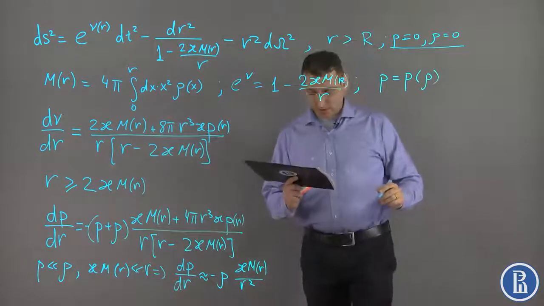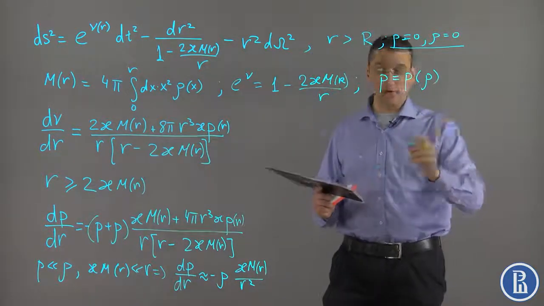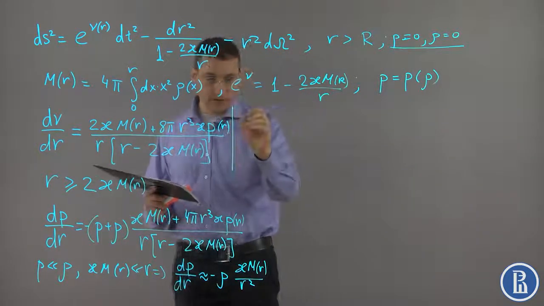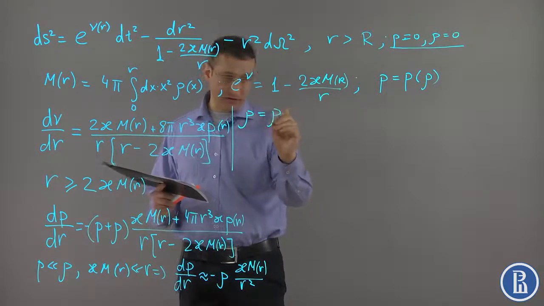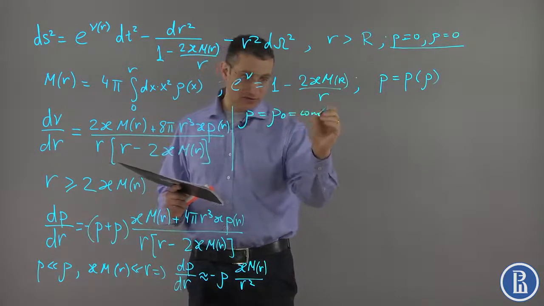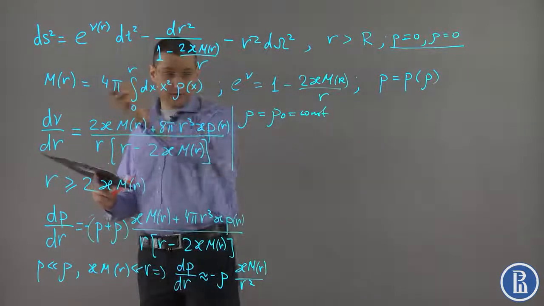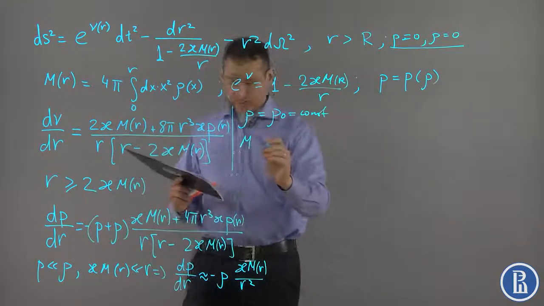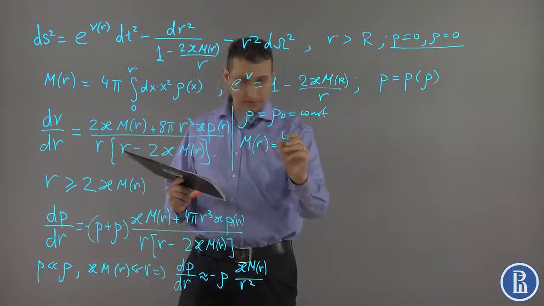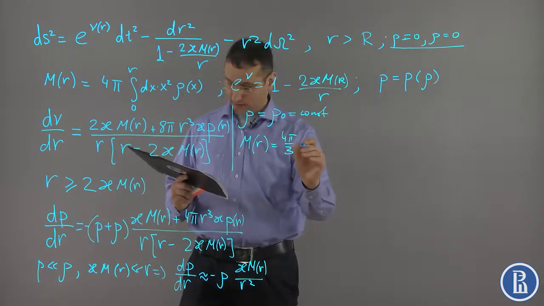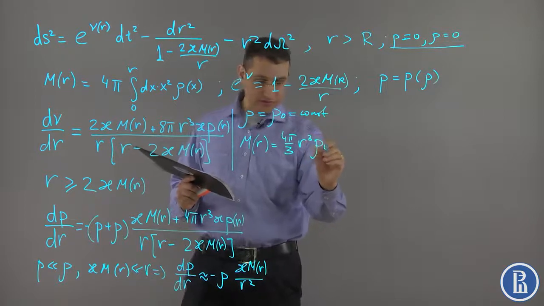The simplest equation of state is incompressible fluid. Incompressible fluid is when rho is constant, equal to rho 0, independent of r. In this case, it is easy to integrate this equation and to find that m of r is just 4 pi over 3 r cubed times rho 0.